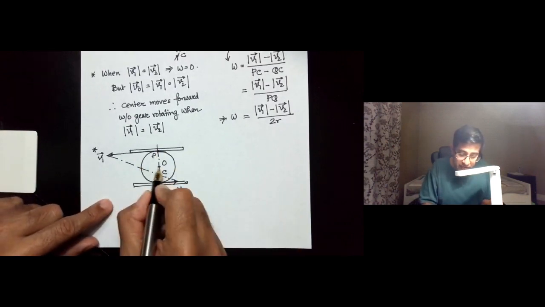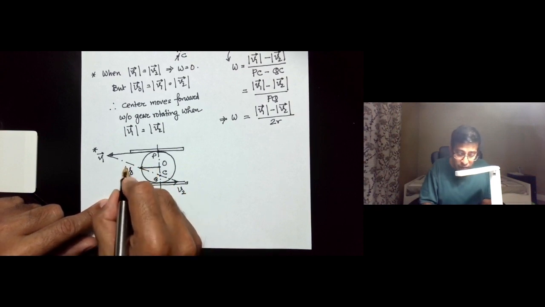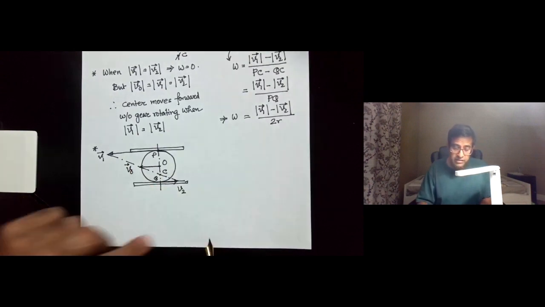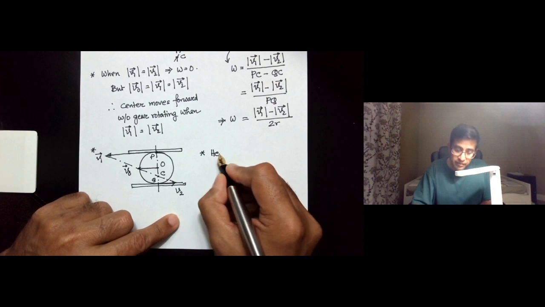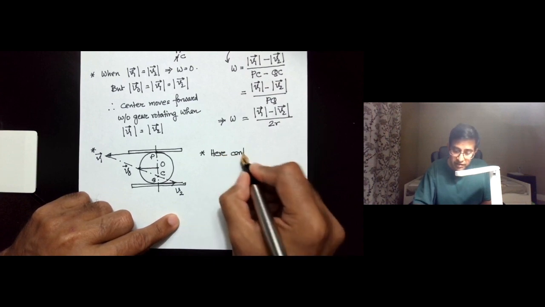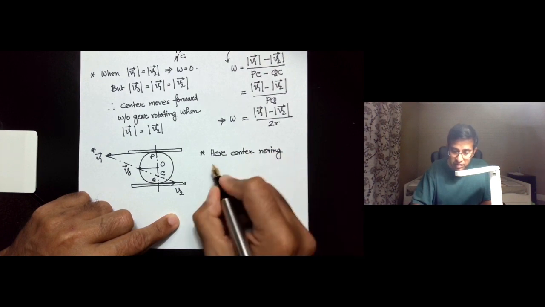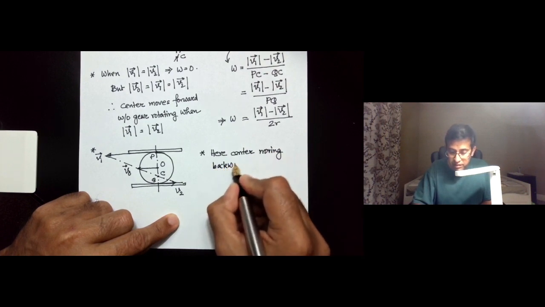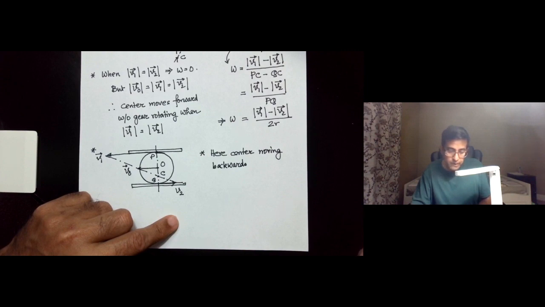In fact, in this case, the geometric center has a backward going velocity. So here the center is moving backwards.